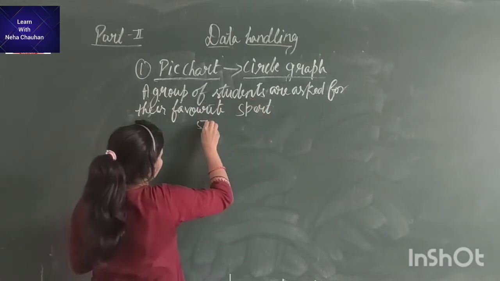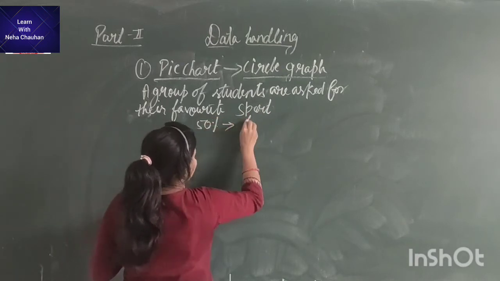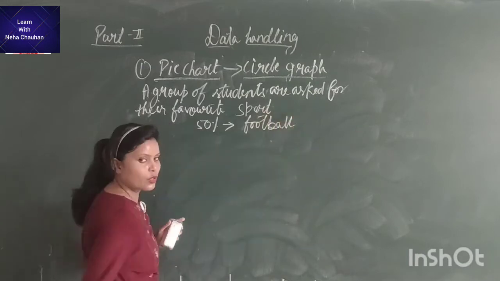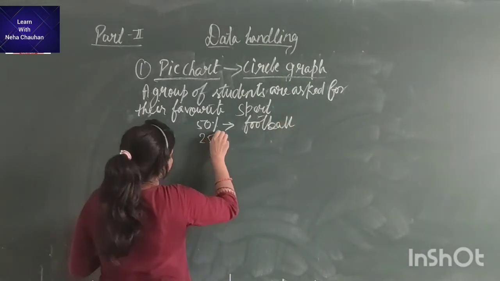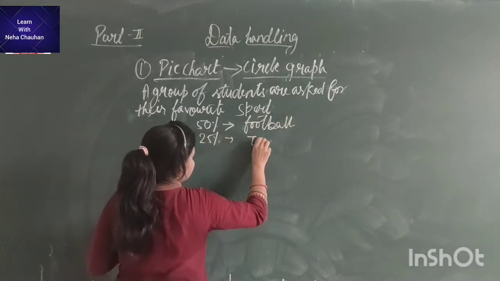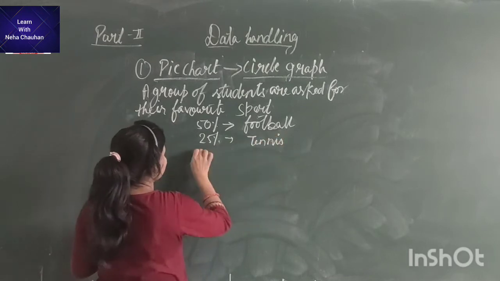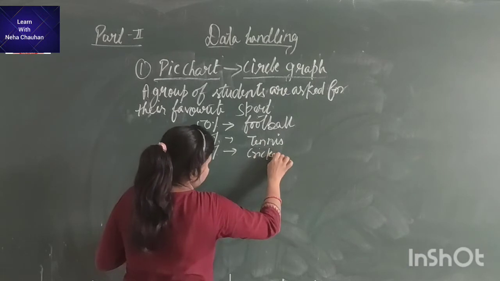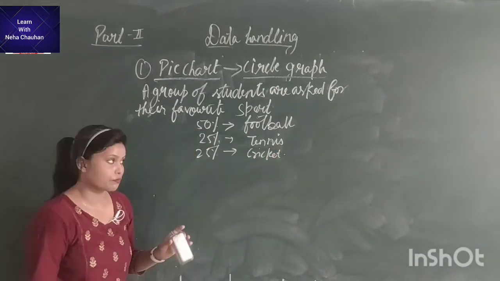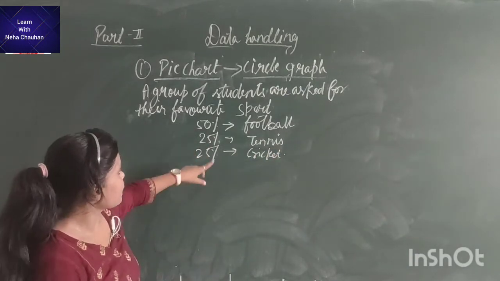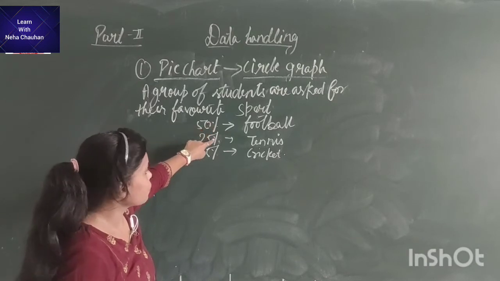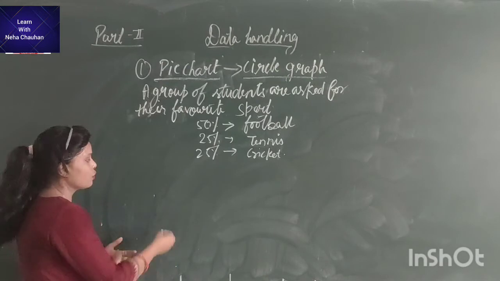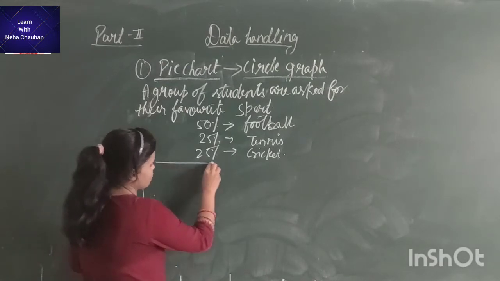So 50% of them said football. Okay. 25% said tennis. And the rest, 25%, said cricket. This data is given in percentage. So for finding out the degree, we will form a table first.